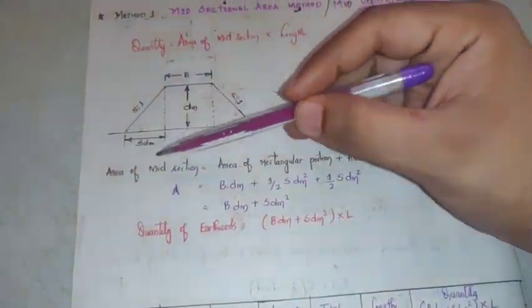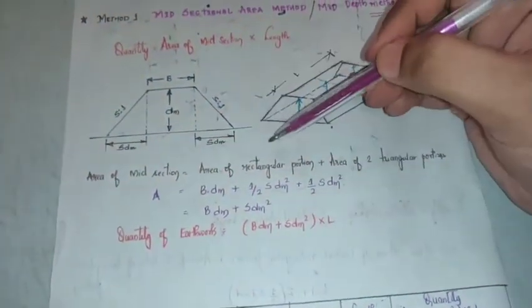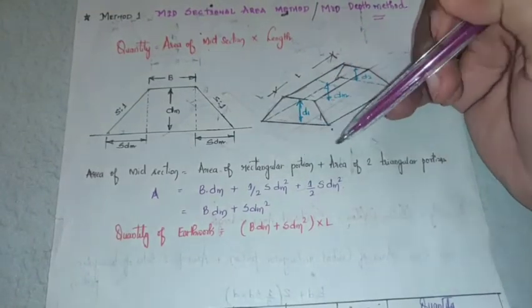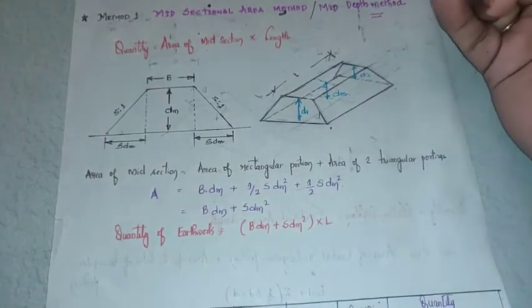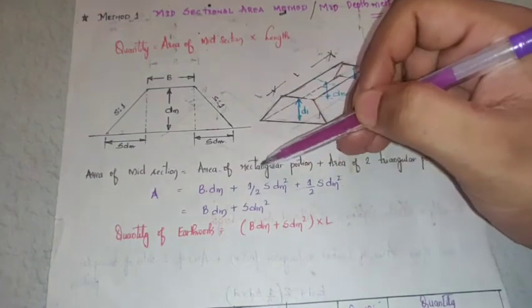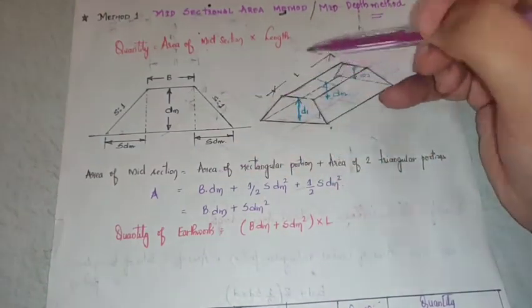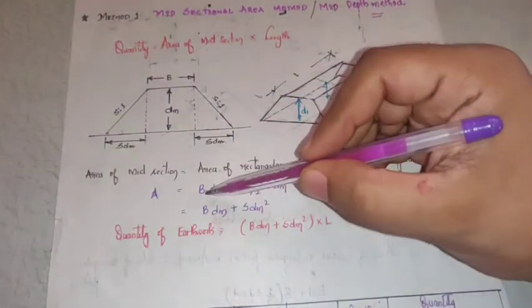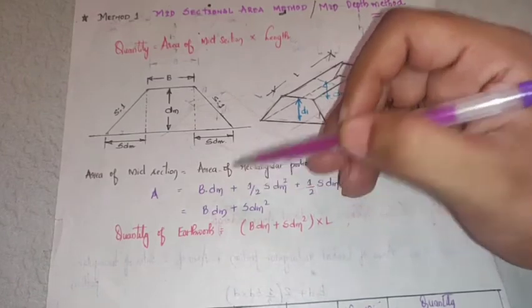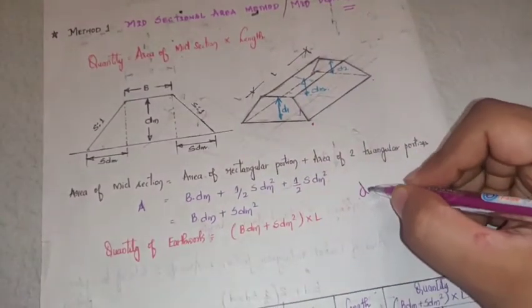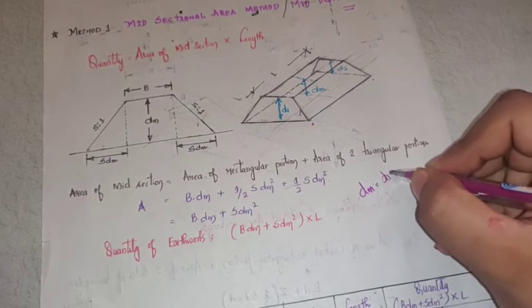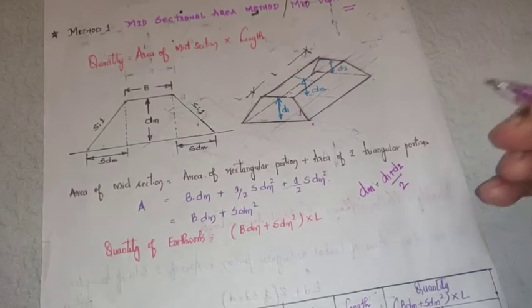So what is the area of the midsection now? Area of midsection is the area of the rectangular portion plus the area of two triangles. Here the area of the rectangular portion, calculated at the midpoint, will be B into dm. So dm is equal to (d1 plus d2) divided by 2.